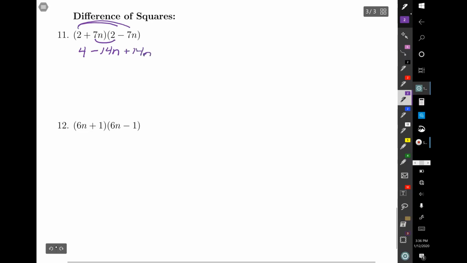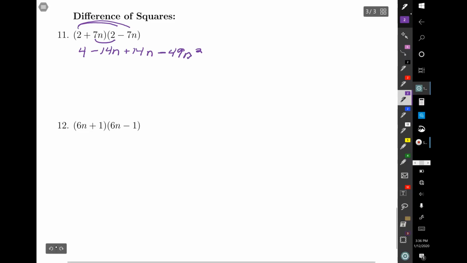So right there you can see what's going to happen. And then 7n times negative 7n gives me a minus 49n squared. Okay, so this one is a little different because you're used to seeing the variable part usually coming first in that first term, the lead, but in this one it doesn't.